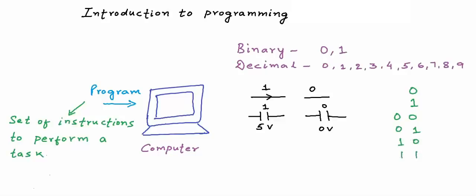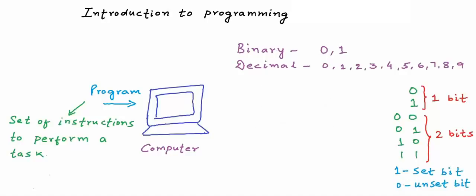A binary digit is also called a bit. If you have only one bit, you can have 2 possible values, and if you have 2 bits, you can have 4 possible values. Each bit can either be 0 or 1. 1 is also called a set bit, and 0 is also called an unset bit.